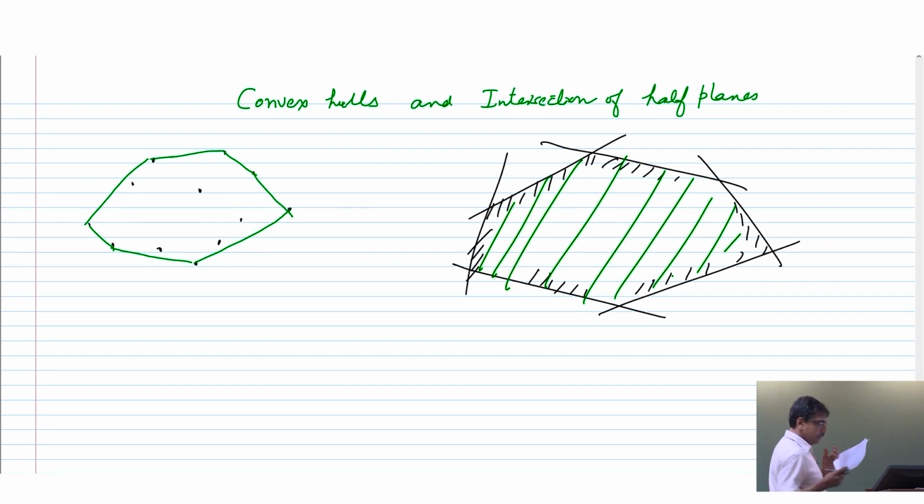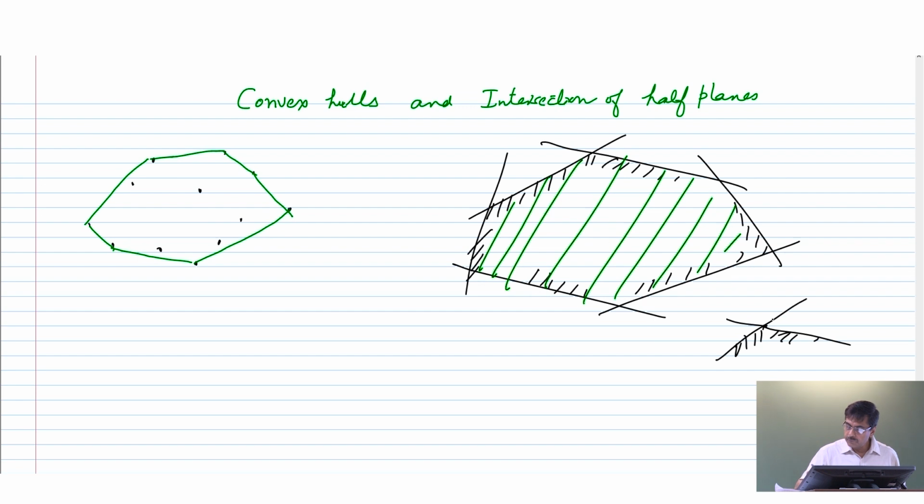Okay, so we could stop there and say, fine, both are convex, so what? Right. But it turns out that this one you have learned how to solve, this one explicitly you may not have learned how to solve, and that problem to some extent sometimes is more challenging, and I will tell you why. Well, for one, the intersection may be empty, right. I could have a situation like, so, these are the half planes and maybe another half plane like this, and clearly, oh sorry, this is not that clear.